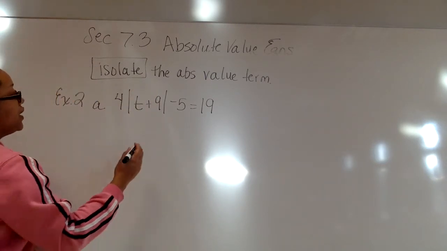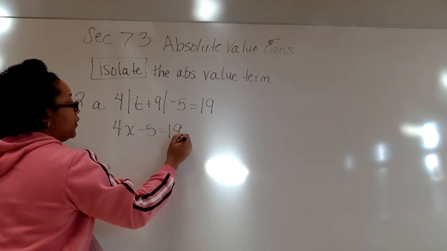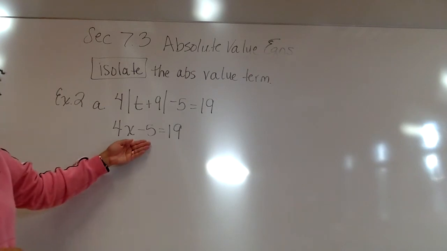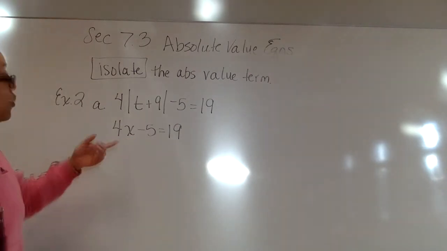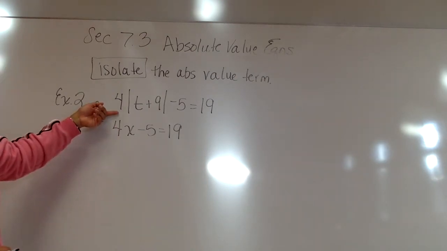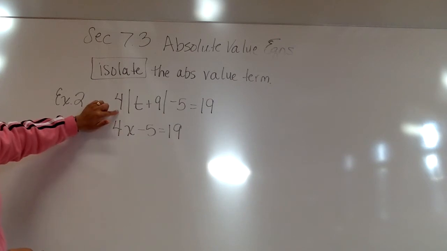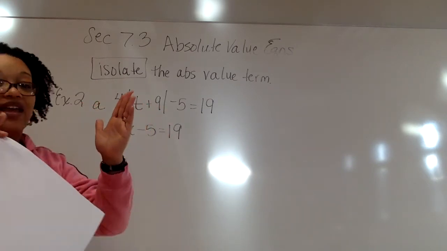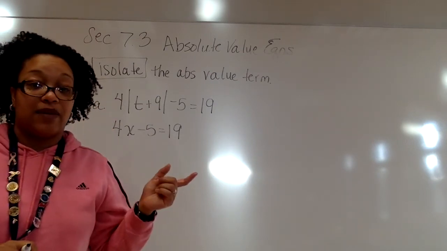In other words, if I was to give you this problem, this would be a typical two-step equation, and you would solve for x. You would tell me I need to add 5 to both sides, and then hopefully you would divide by 4. Well, this problem is the same. You're going to add 5 to both sides, and then you're going to divide by 4, and all that's going to be left on this left-hand side is that t plus 9. And then you're ready to do what we did in example 1.